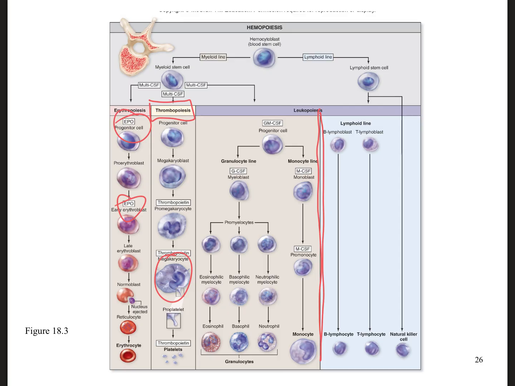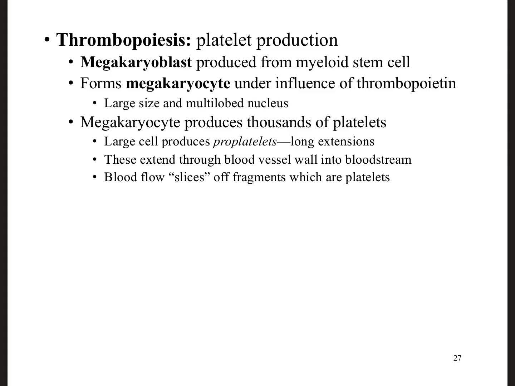So when you read about leukemia, you may see chronic versus acute, lymphoid versus myeloid, and you understand what they're getting at. And there's your thrombopoiesis, your megakaryoblast into a megakaryocyte, and its production breaks down into the formation of platelets. Questions for today?